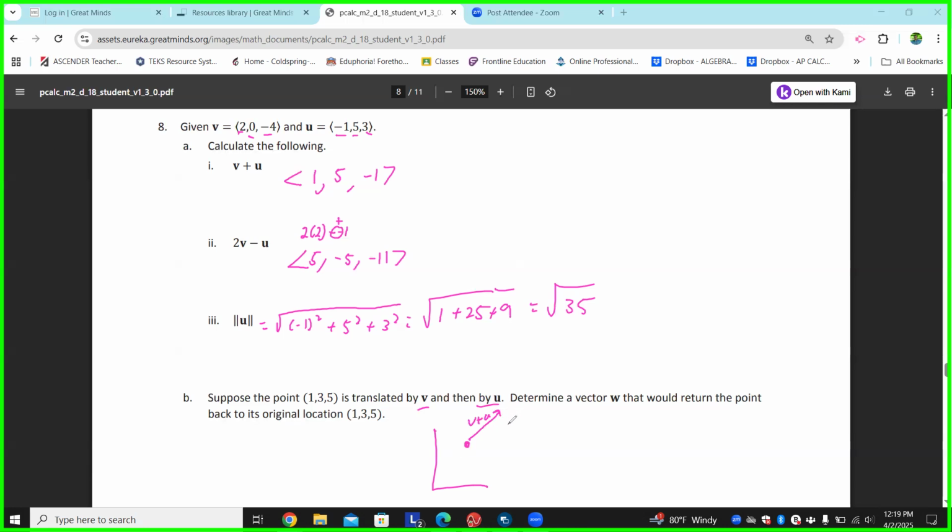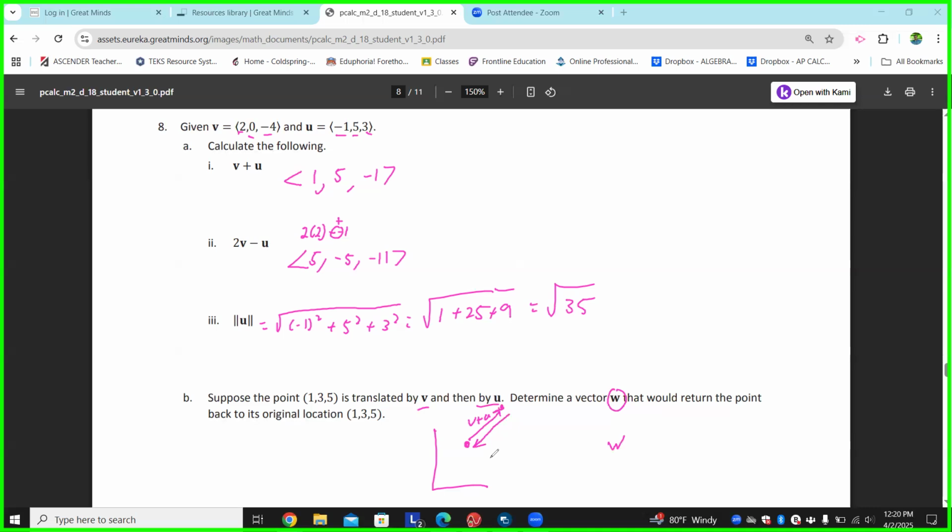Now, before I go look for that other point, let's actually read the question. Suppose this point is translated by this. We want to determine a vector W that would return this point back to 1, 3, 5. What do you think I'm going to have to do? Negative V minus U, very good. But instead of doing the negative V minus U and doing the math, what am I really doing?